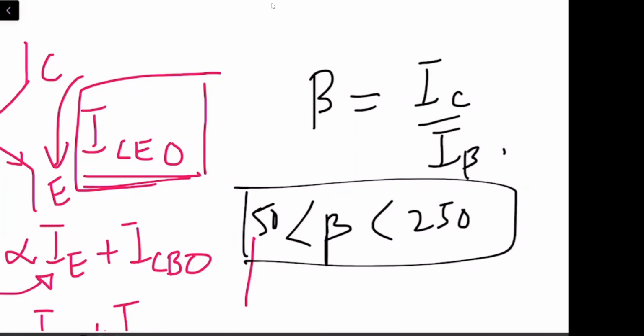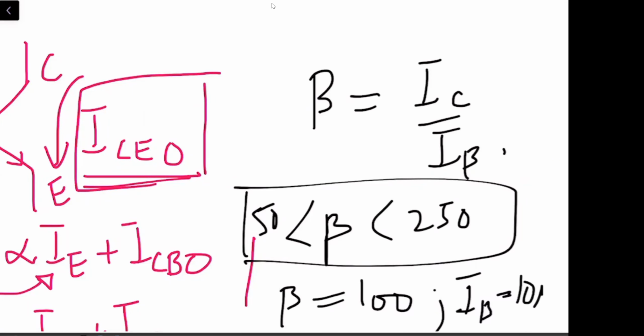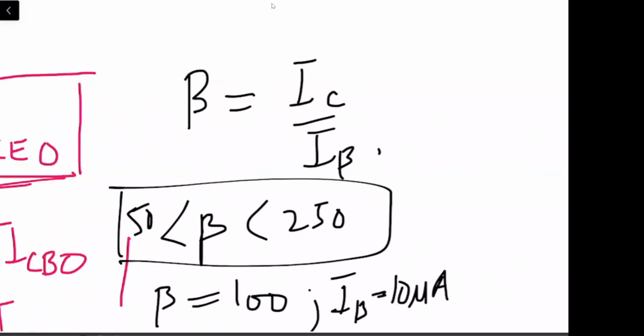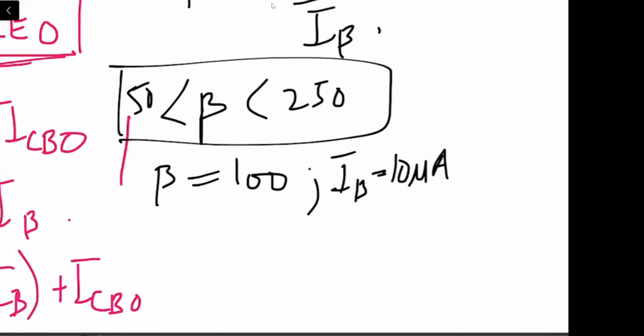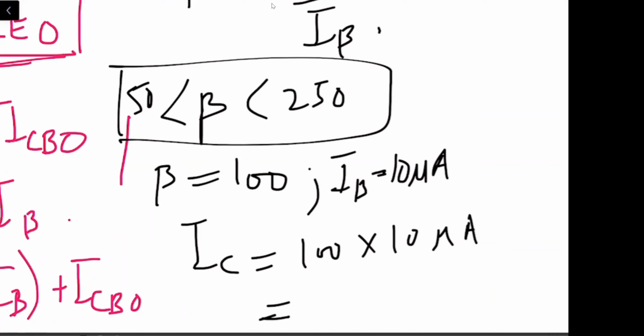So if we say the beta value is 100 over here, and IB in our case is 10 microamperes, right? So the value of IC we can deduce is going to be 100 into 10 microamperes. So this will be something like 1 milliampere. Are you with me?